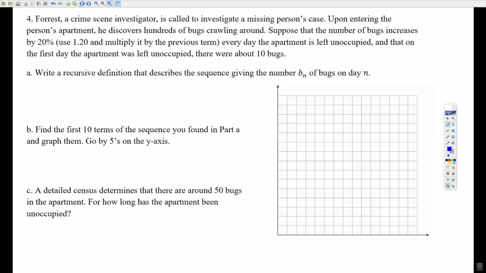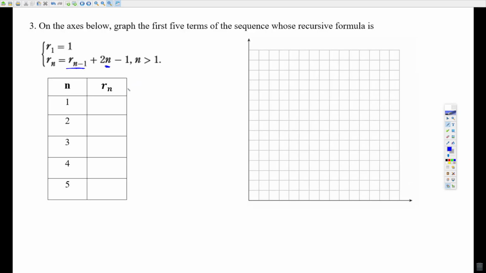Do like one or two more quick. So to start this one, you would do the previous term, which is 1, and then you would also plug in 2 for n, whatever the n value you are plugging in. So for instance, if I was trying to find r sub 2, we know r sub 1 is 1.